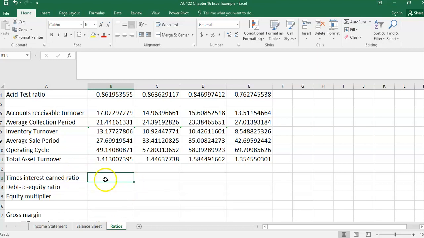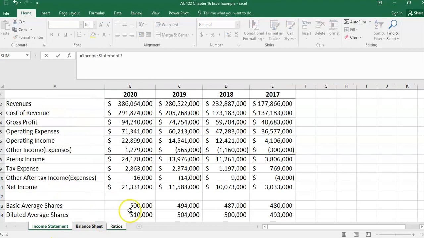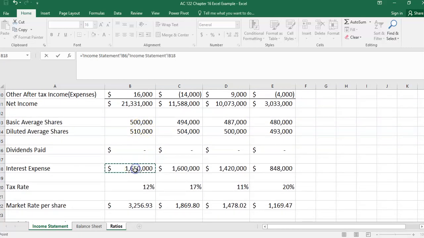So the times interest earned ratio is operating income. It's income before interest and taxes. So operating income, or on some statements it's called earnings before interest and taxes, or EBIT, divided by our interest expense.